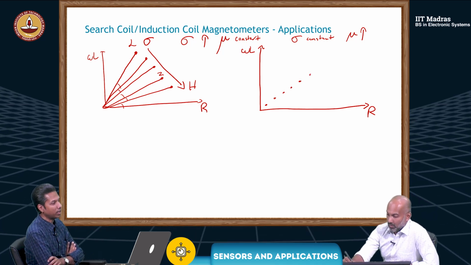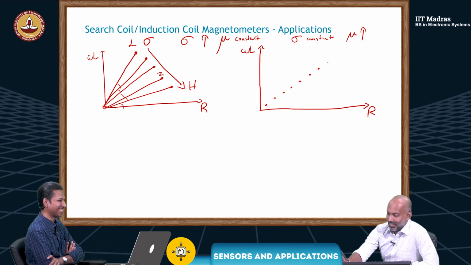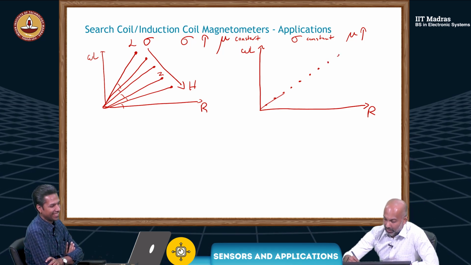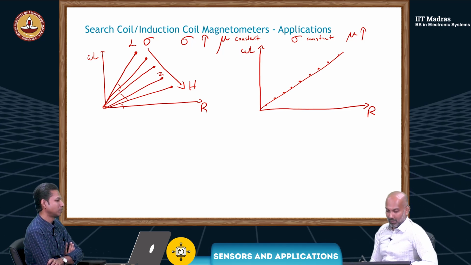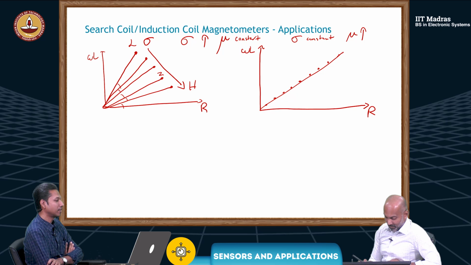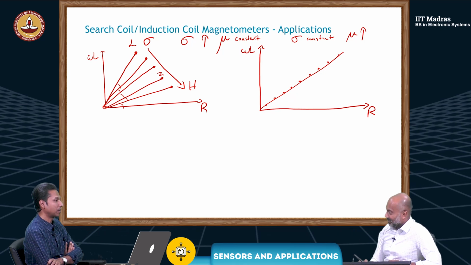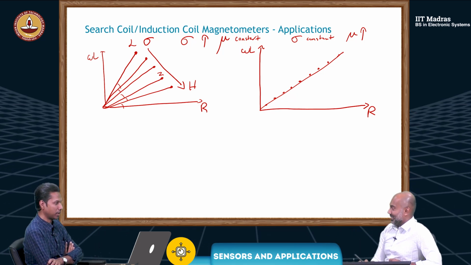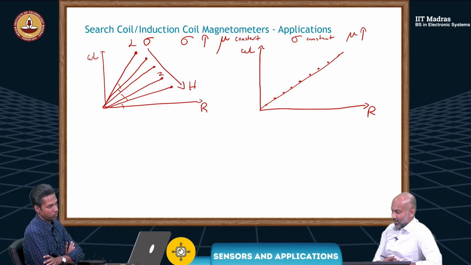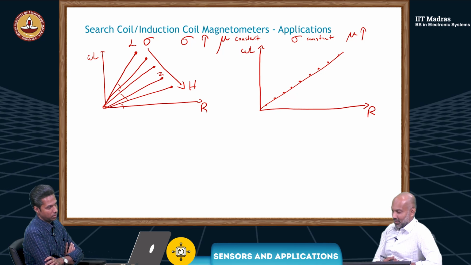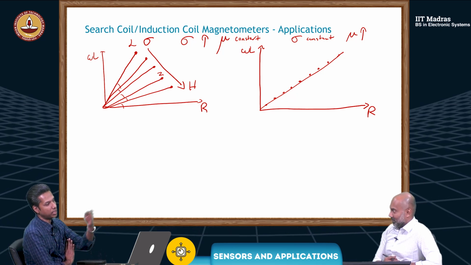I think you have to draw one line first, then I can say which direction. Let's say the line is like this. Now you have increased the permeability from here. That means it will become more inductive, so it will go to the other side.